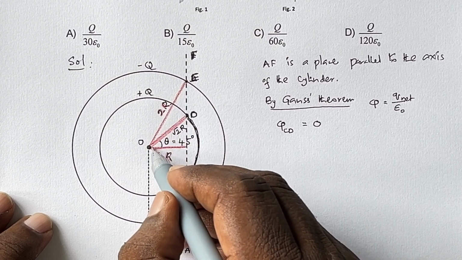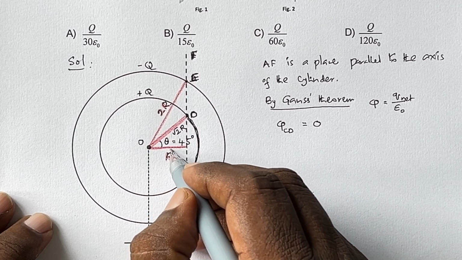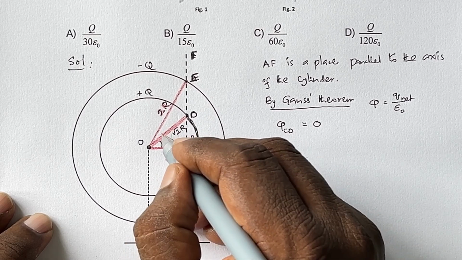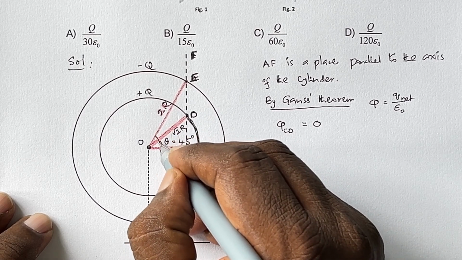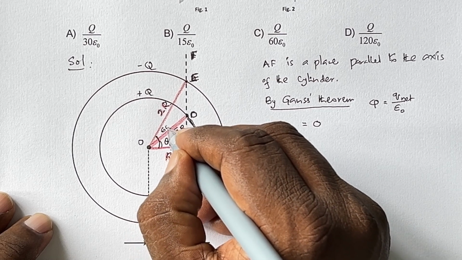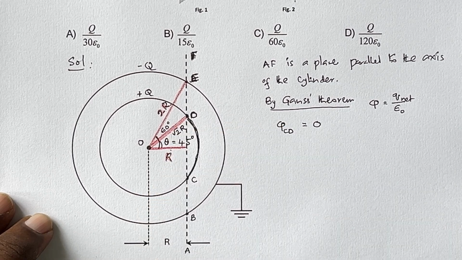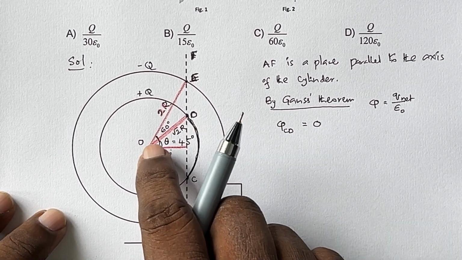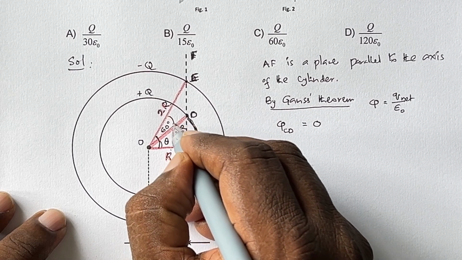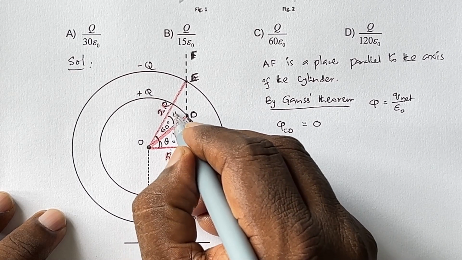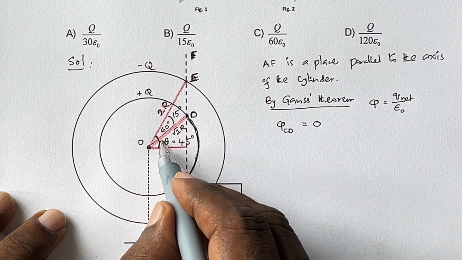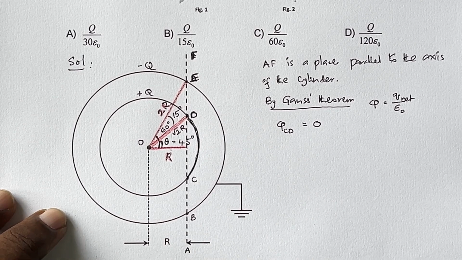In this right angle triangle, the distance is R and the hypotenuse is 2R, so the cosine is 1 by 2, and this total angle is 60 degrees. So what is this angle now? This angle is 15 degrees, how? 60 minus 45 is equal to 15 degrees.